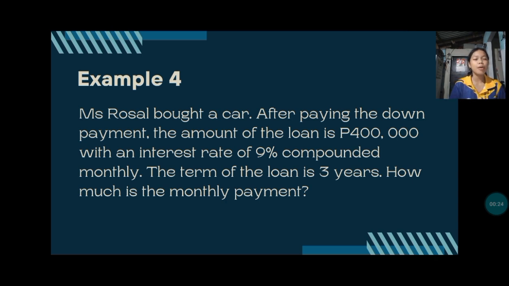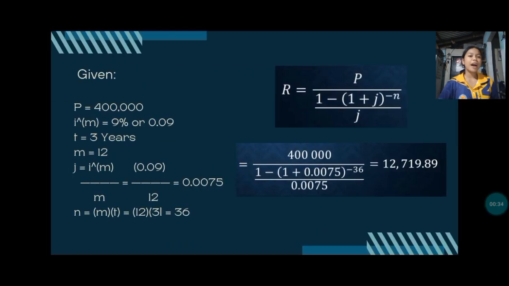So here in example 4, we are going to find the monthly payment. Now we have the given. Our principal is 400,000, our interest rate is 9% or 0.09, our time is 3 years, and our conversion period is 12.